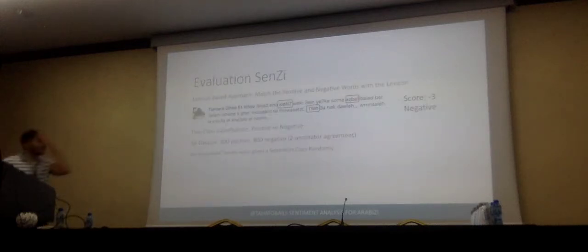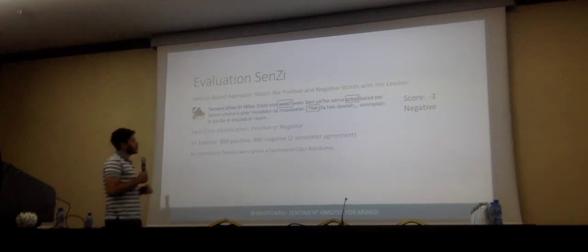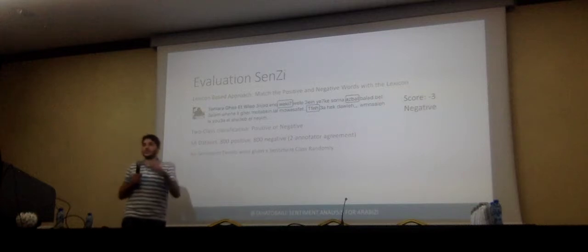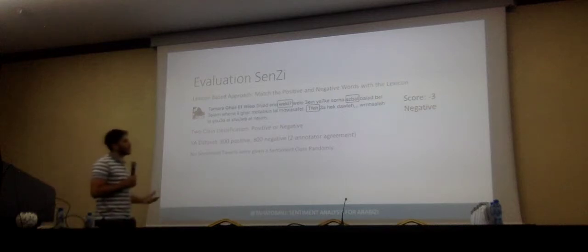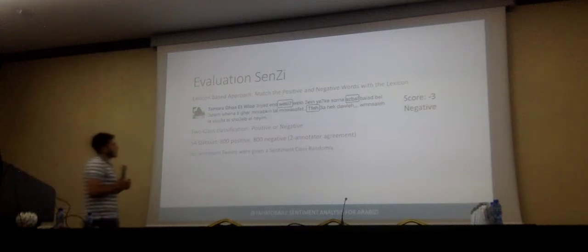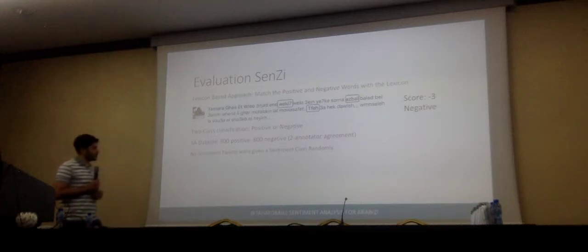All right, evaluation. A simple, straightforward lexicon-based approach, which basically takes the tweet, skims it, checks if the words exist in the lexicon, and scores the words, positive, positive, negative, negative, and aggregates the scores at the end and classifies accordingly. So we used a two-class classification on the data set that contains 800 positive, 800 negative tweets.